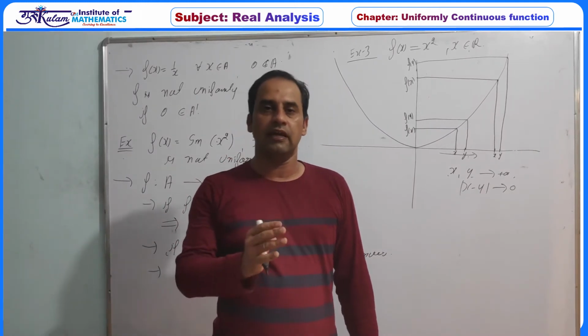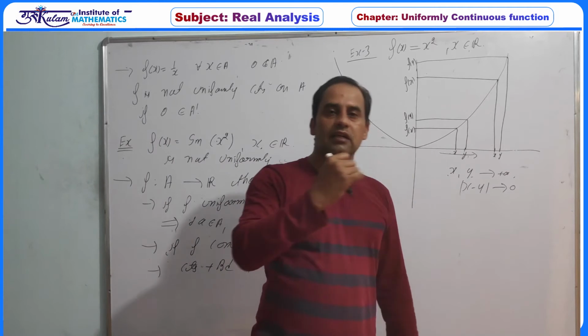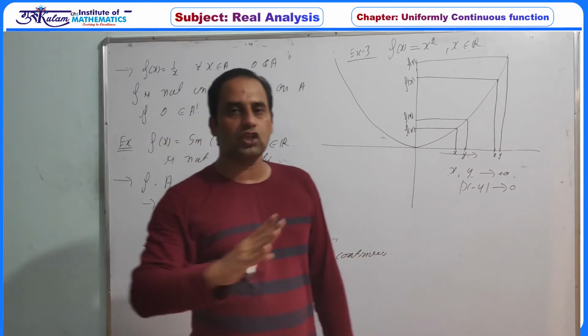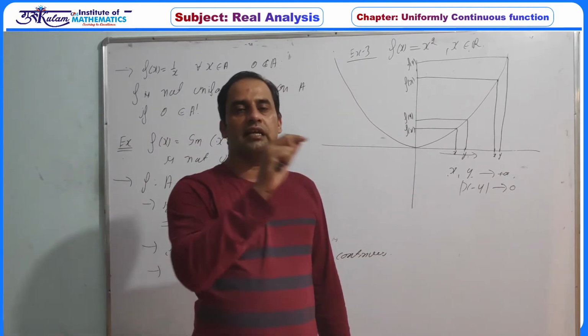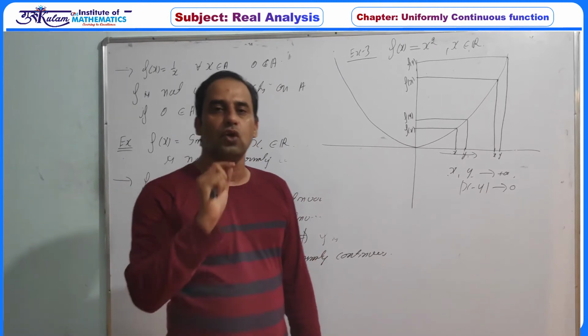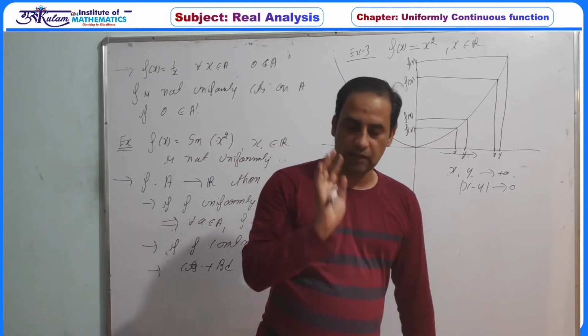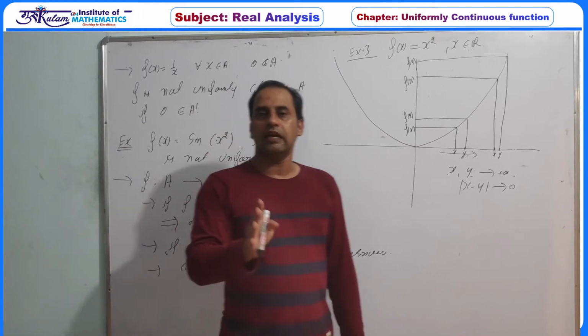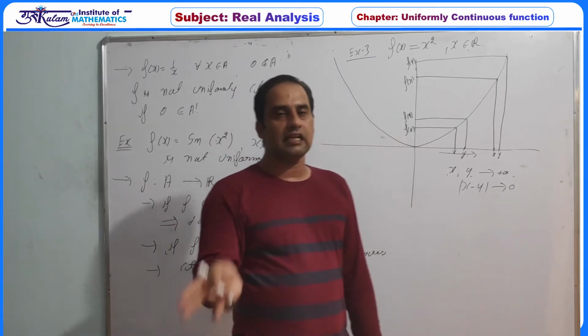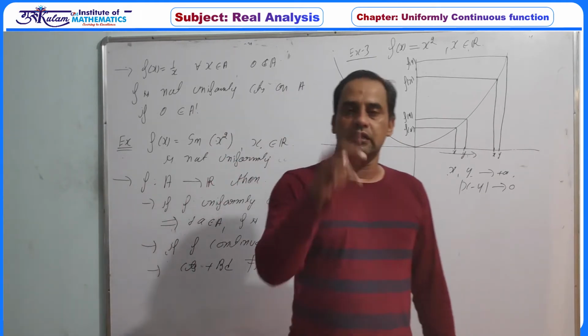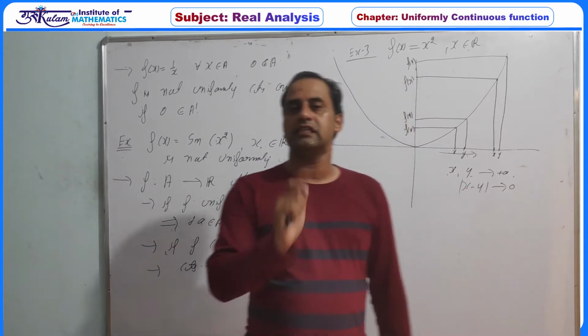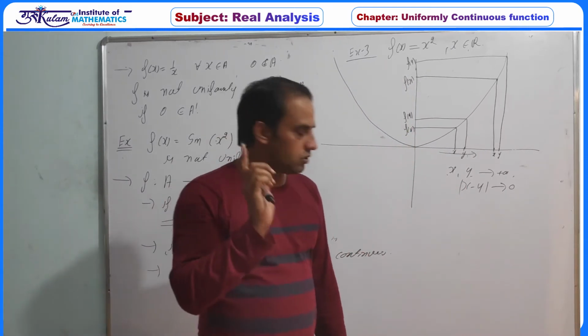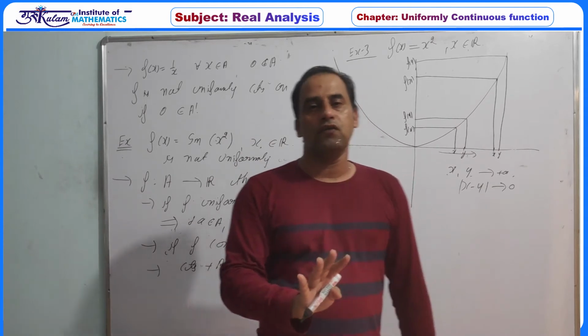So definitely as we are tending to infinity, if your function is parallel to the y-axis, then that can be the point of non-uniform continuity. Geometrically, whenever a line parallel to the y-axis is an asymptote to your curve, then that region in which that line is an asymptote is a possible point of non-uniform continuity.